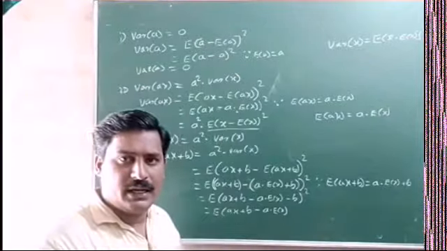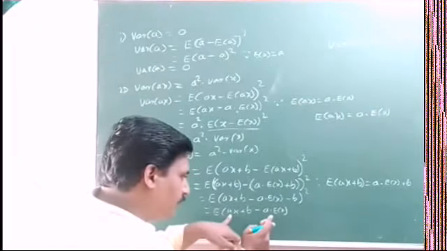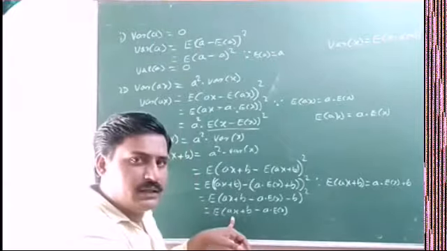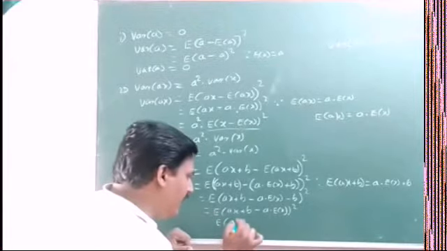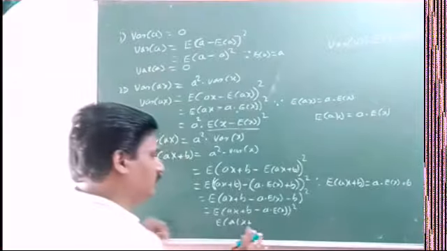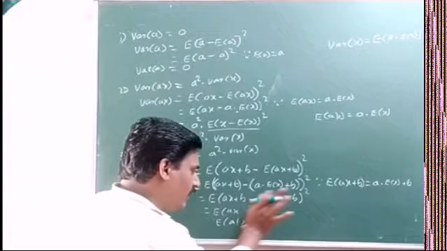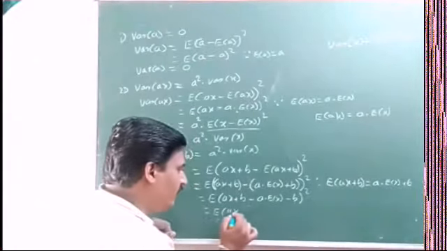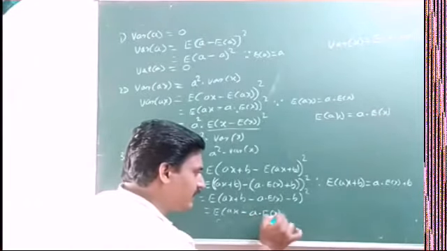Now take a constant outside but within the bracket here. Among these two, ax plus b and a into E of x, take a only. Sorry, there is a mistake here. Now b got cancelled here, so it is E of ax minus a into E of x whole square.